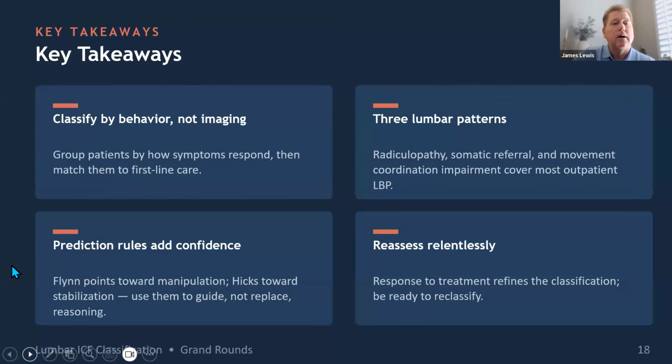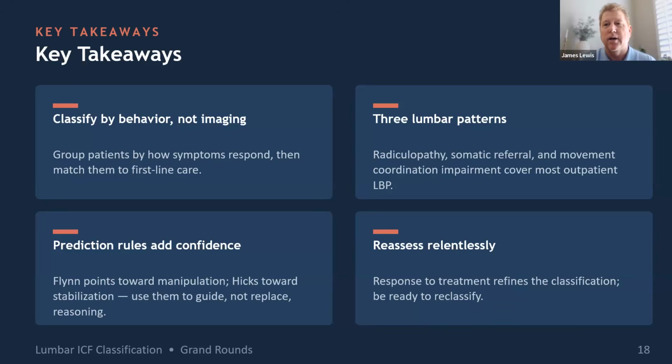All right. Just trying to wrap things up here for us. If we look at classification by behavior versus imaging, I think you end up with a more cohesive treatment plan as opposed to saying you've got degenerative disc disease, here's a handout, I'll see you next week, kind of thing.